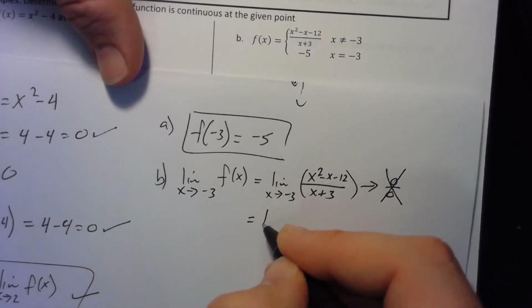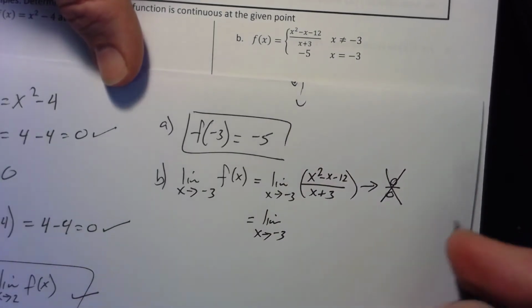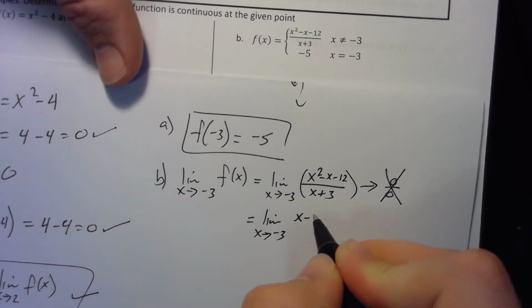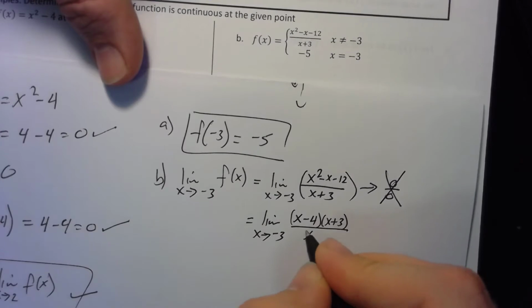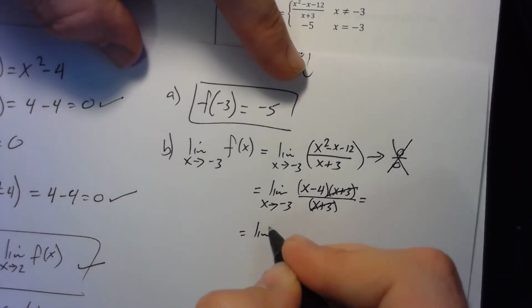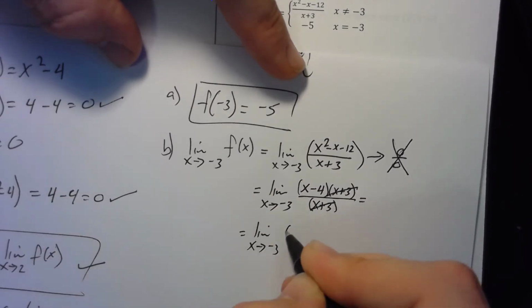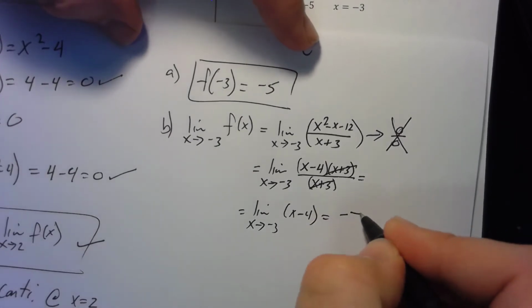So what I'm going to do next is use my analytical evaluation of limit skills, and I'm going to factor that top piece, giving me x minus 4 and x plus 3. You'll notice then that I can cancel out what I like to call, again, that problem child, that x plus 3, giving me the limit as x approaches negative 3 of x minus 4, and when I plug in negative 3 now, I get a value of negative 7.